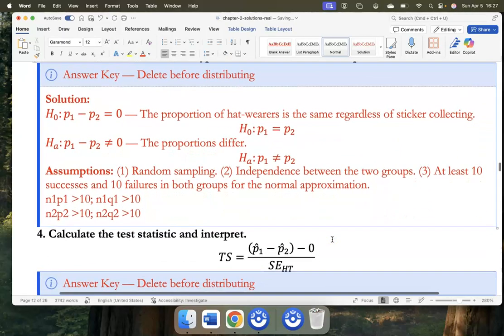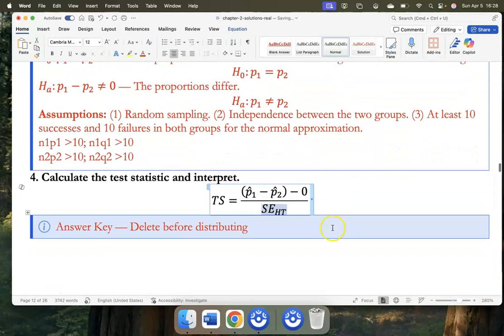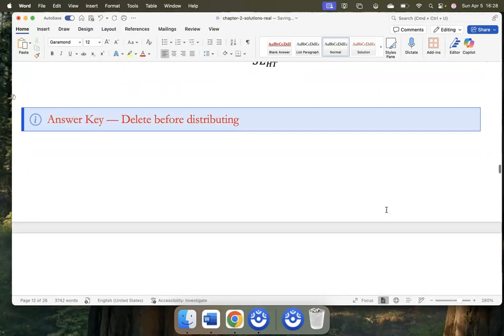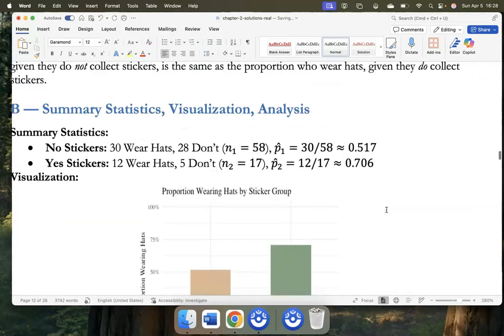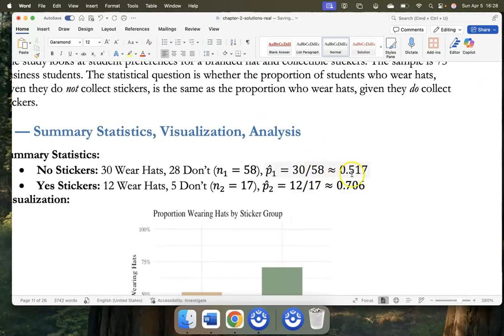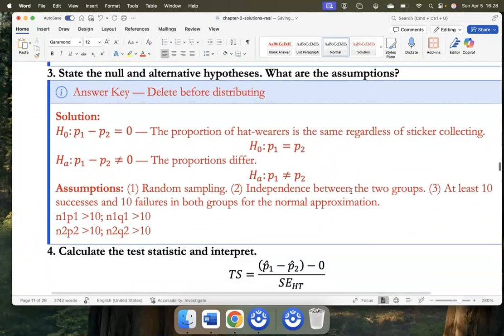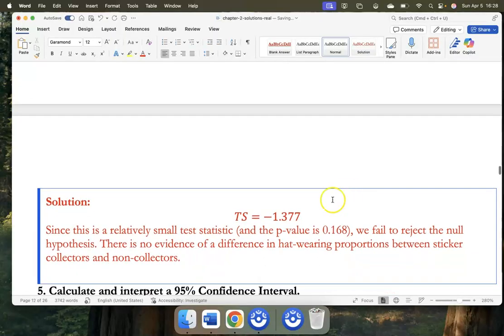Okay. So this is the calculation to find our test statistic: p1 hat minus p2 hat minus 0. Again, how far is this difference from 0 in units of standard error? Our calculations are based off of these numbers above here, 0.51 and 0.70, and we get negative 1.377.